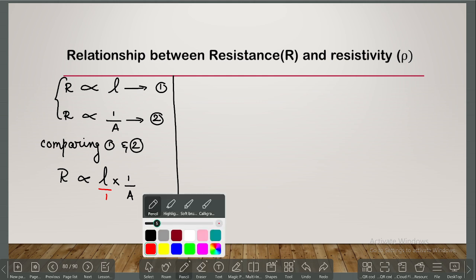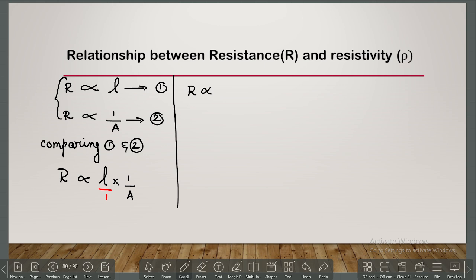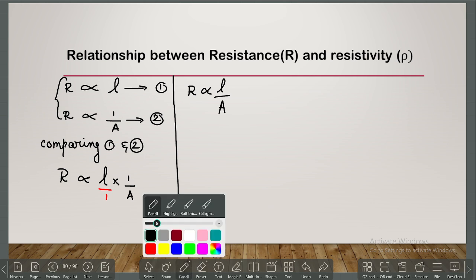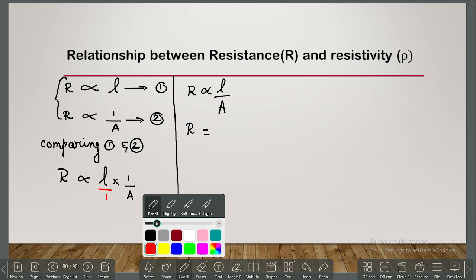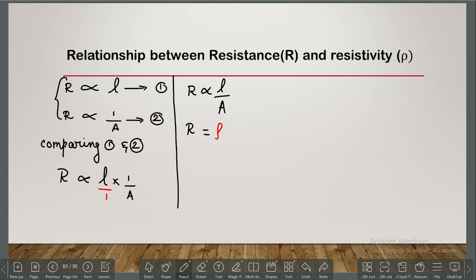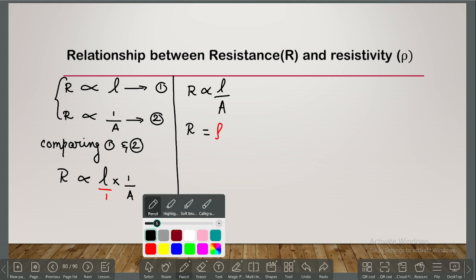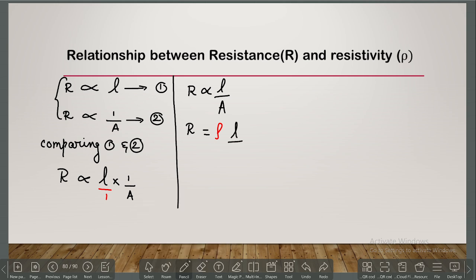Then R is directly proportional to L into 1 by A. On removing this proportionality symbol, we introduce a constant term called rho, and here rho stands for electrical resistivity.